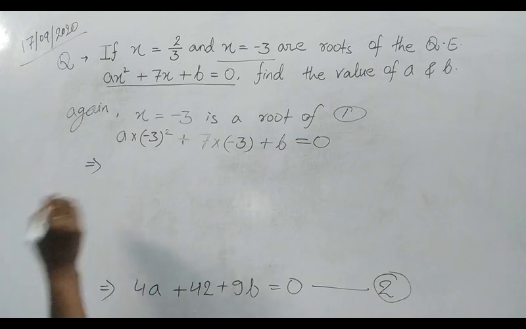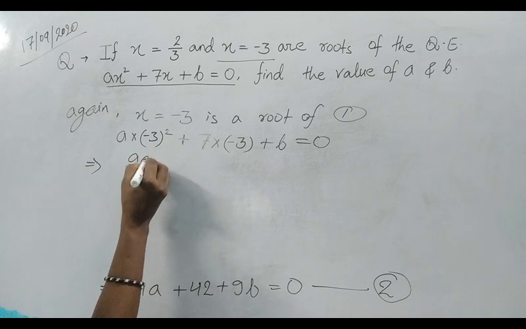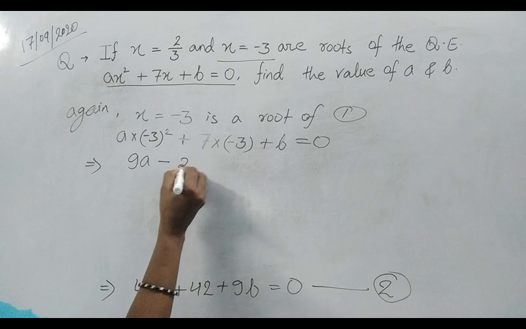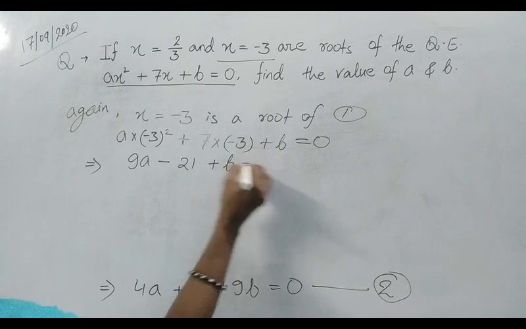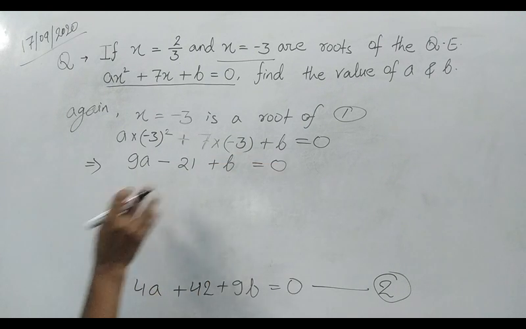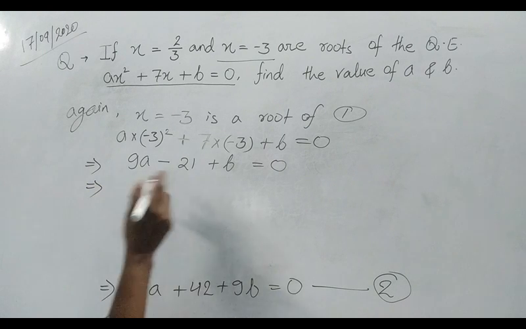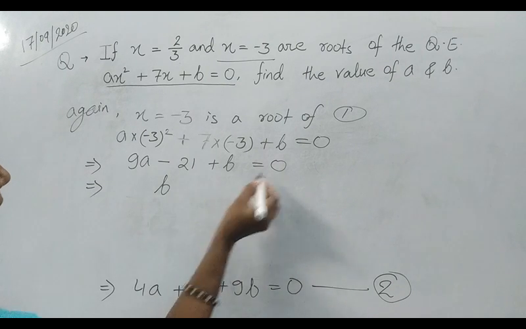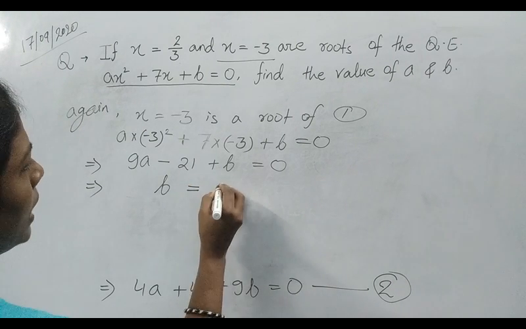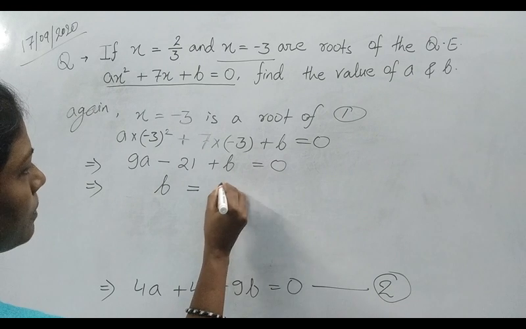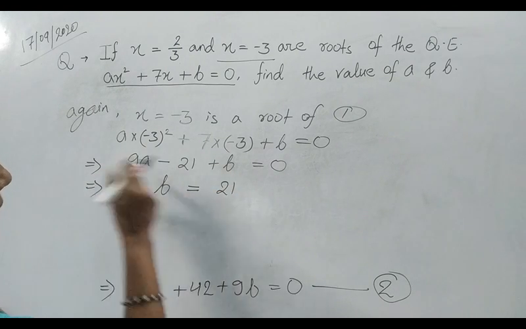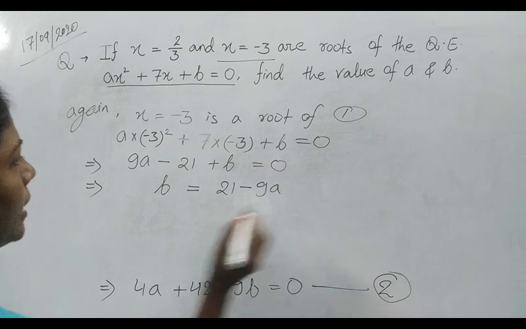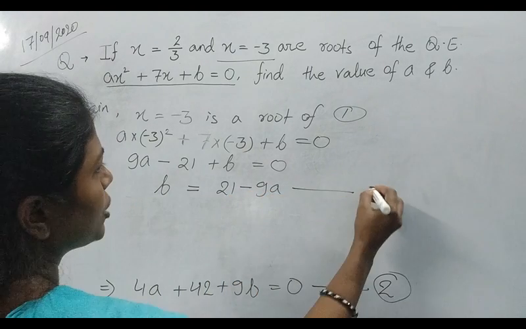After simplification we get 9a minus 21 plus b is equal to 0. Now we keep b on this side and send the other numbers to the other side of equal to. That means minus 21 becomes plus 21 and plus 9a becomes minus 9a, so b is equal to 21 minus 9a. Now we consider it as equation number 3.